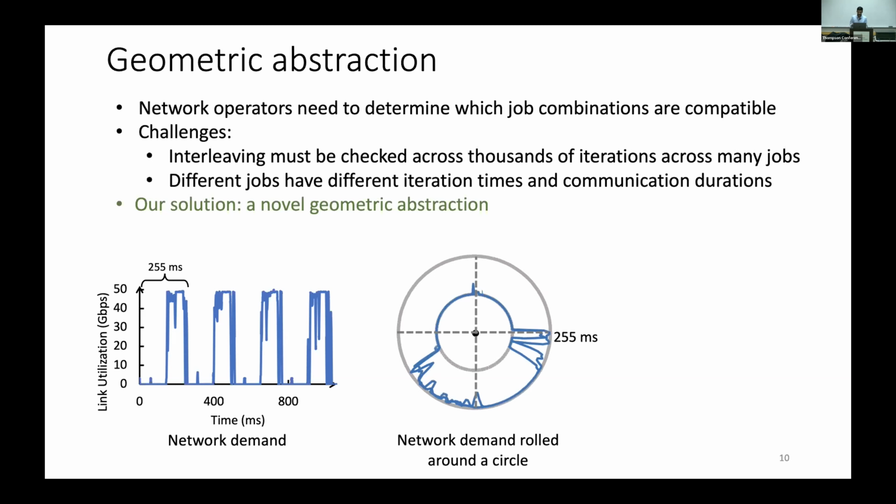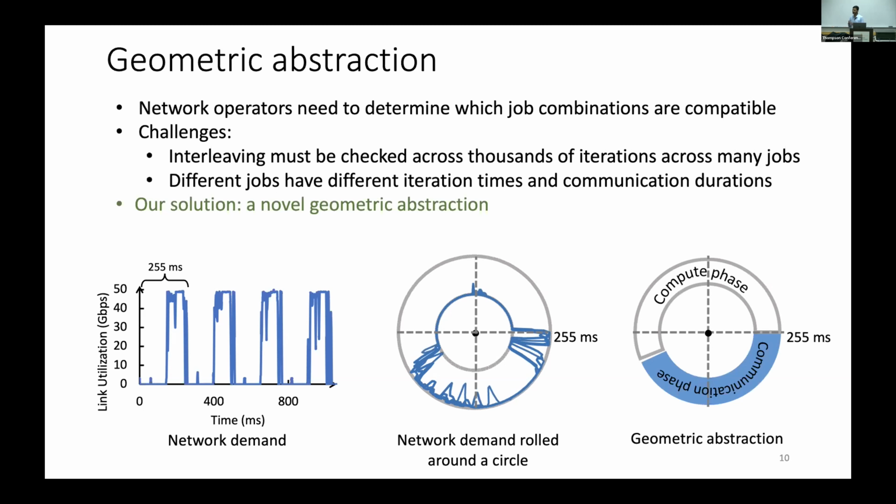What we see here is all the compute phases of the 4 iterations fall on the first part of the circle, followed by all the communication phases of these 4 iterations. So this gives us a simple and compact representation of the entire communication pattern of a training job: a circle with one arc representing the compute phase, followed by a second arc representing the communication phase.